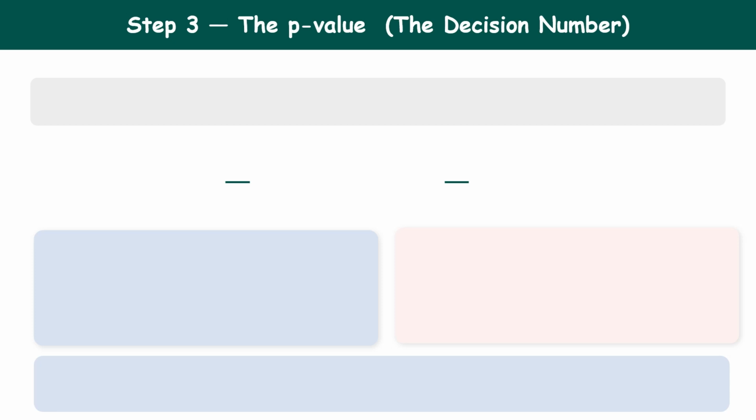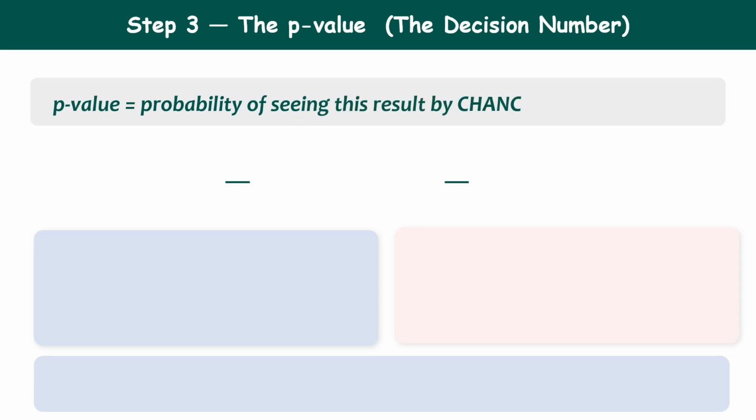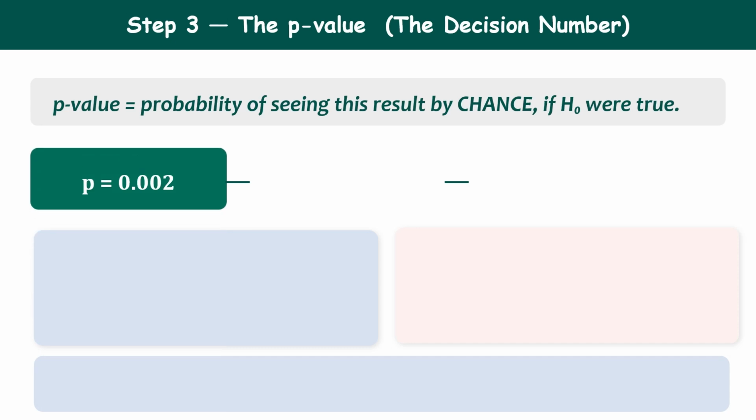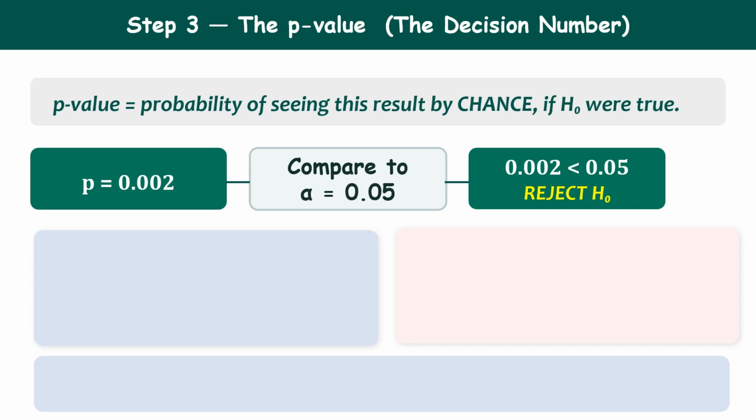The p-value turns the t-statistic into a probability. The p-value is the probability of seeing this result by chance, if H0 were true. For Instagram, p equals 0.002. If Instagram truly had no effect, there is only a 0.2% chance of seeing a coefficient this big by random chance. The decision rule is simple.